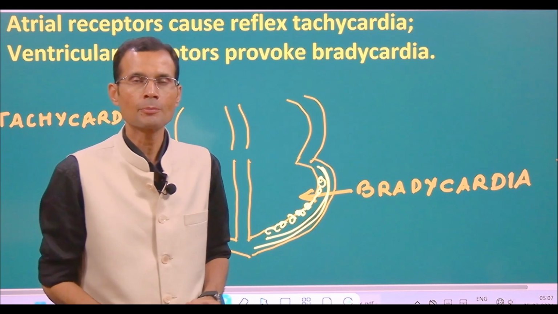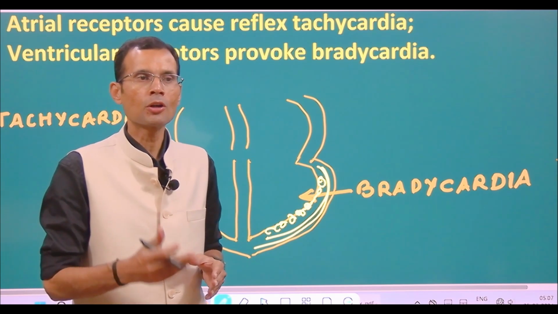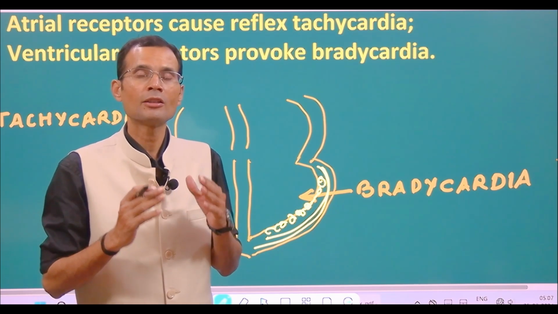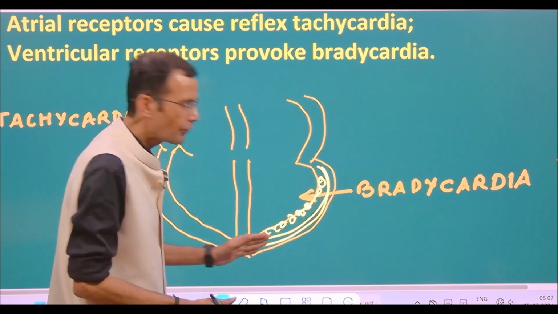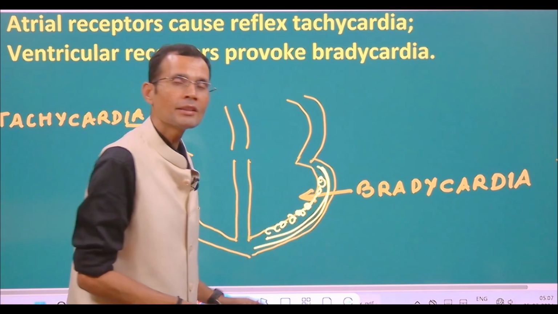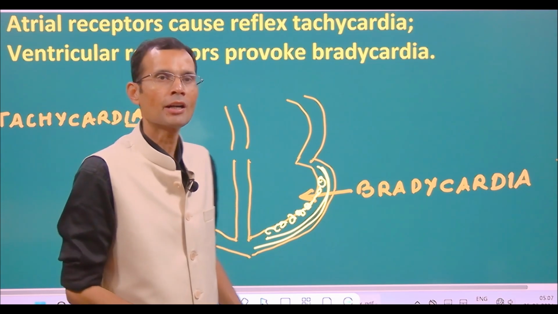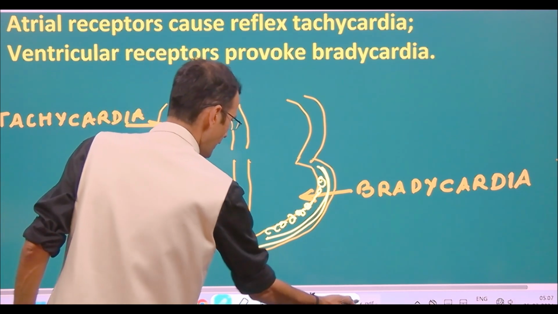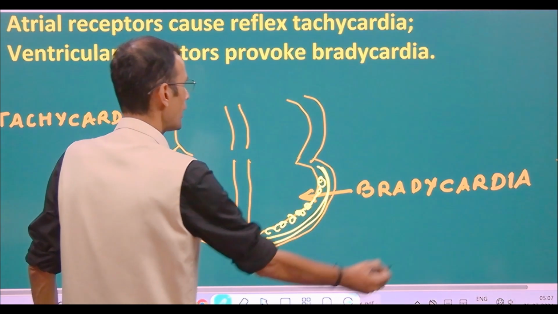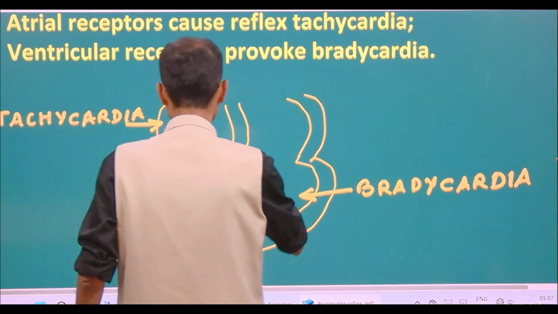I repeat once again, the receptors that evoke the Bezold-Jarisch reflex are located either in the wall of the ventricles or in the coronary vessels that supply the ventricular myocardium. With that in mind, let's start the first one, and that's the Bezold-Jarisch reflex.